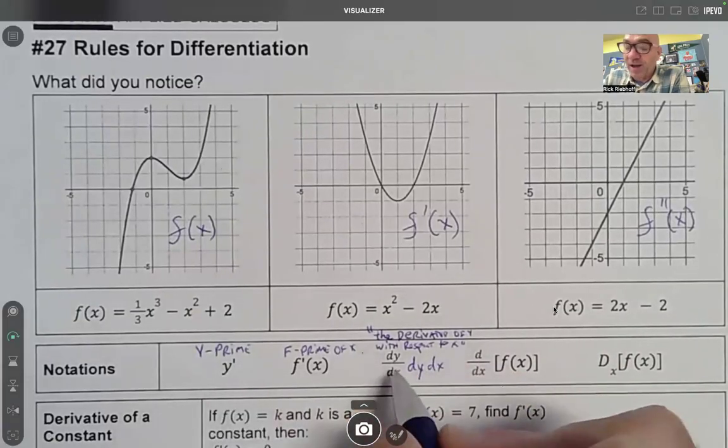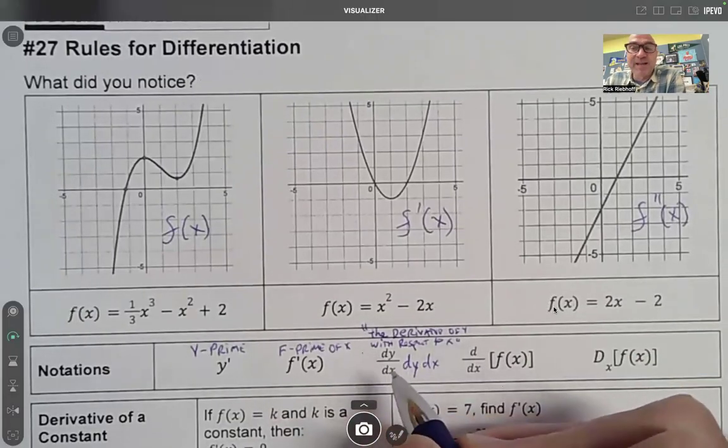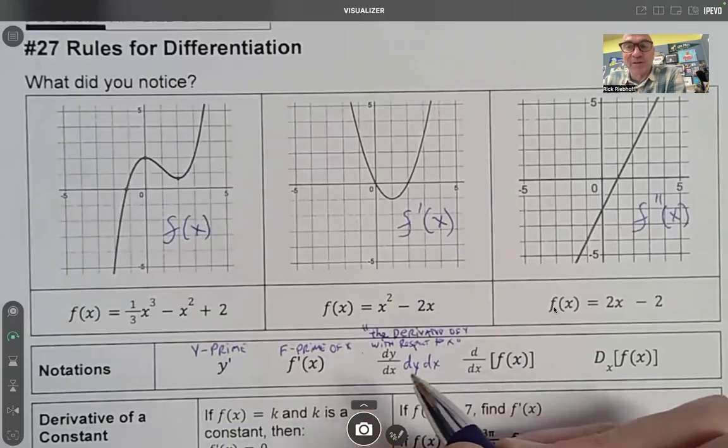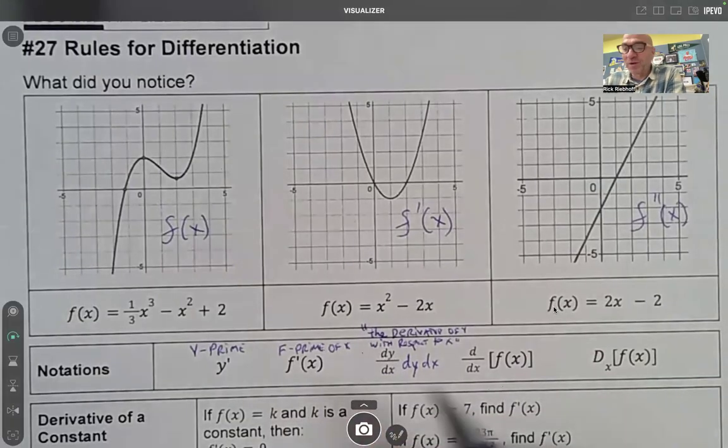In the future, you'll see something with a d meaning like a difference or a delta or a change. Think about what that would mean here. Change in y over a change in x. It's a slope. And what is the derivative? It's a slope. So that's one way to think about this as well.